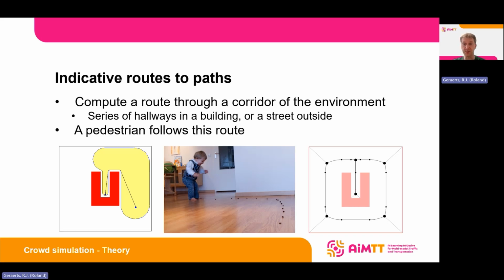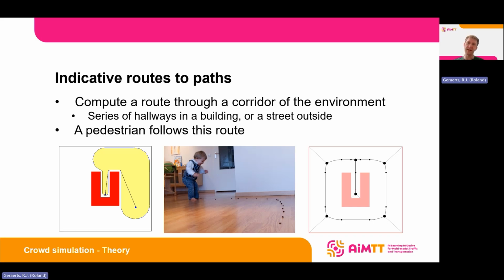If there were no obstacles or other people present, the pedestrian would simply follow this preferred movement directly towards the goal. In practice, the route acts as a guide. It tells the pedestrian which hallways, streets, or open spaces to use, while the lower levels of the simulation handle the detailed adjustment needed to avoid collisions and interact with the surrounding crowd.